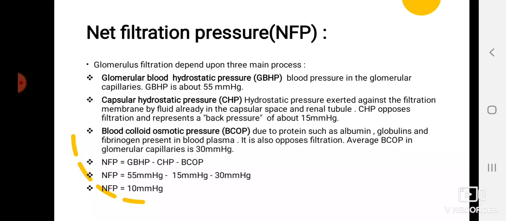It is the hydrostatic pressure exerted against the filtration membrane by fluid already in the capsular space and the renal tubule.